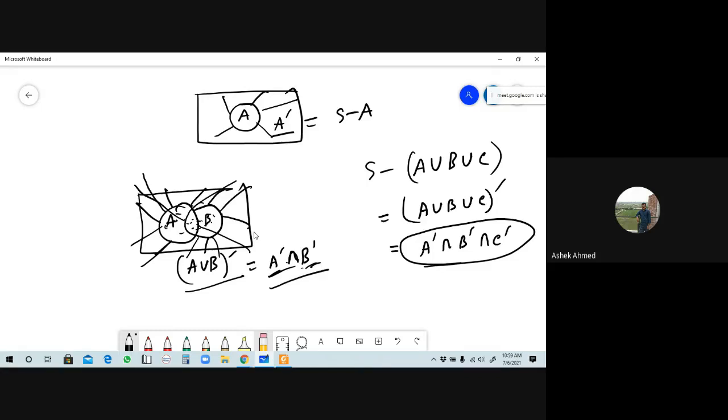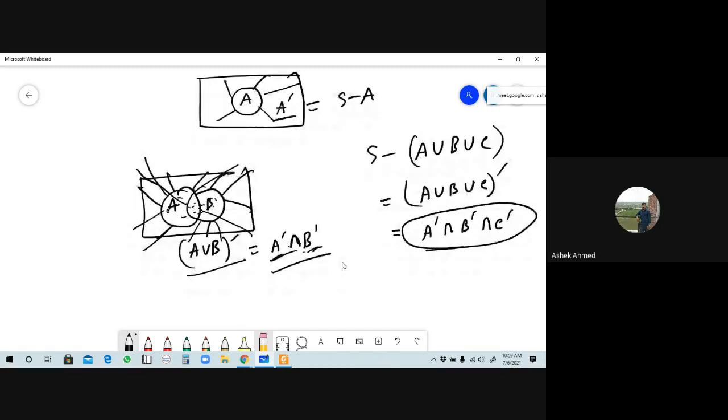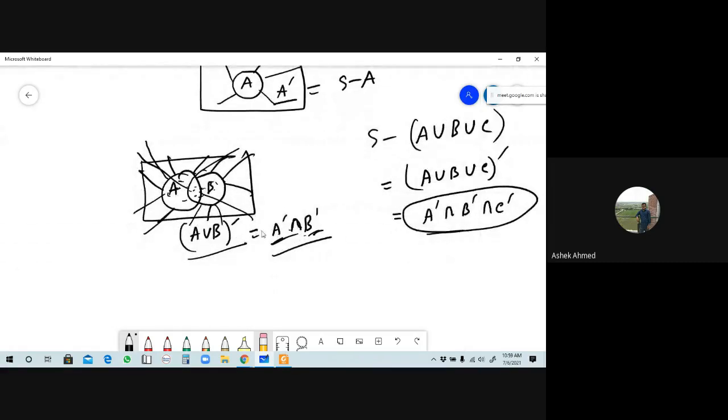Understand? Yes, sir. Okay. So what do we have to do? A complement means the outside of A and B complement means the outside of B. If you take the intersection between A complement and B complement, then you will get this region, and this region will be the same here. Okay.